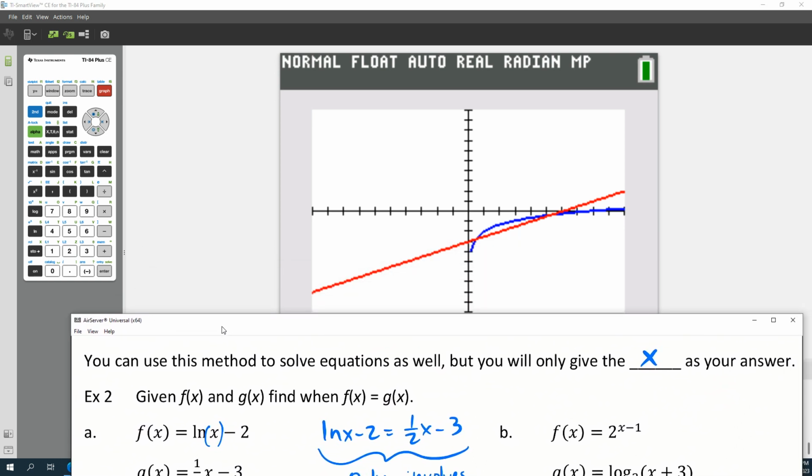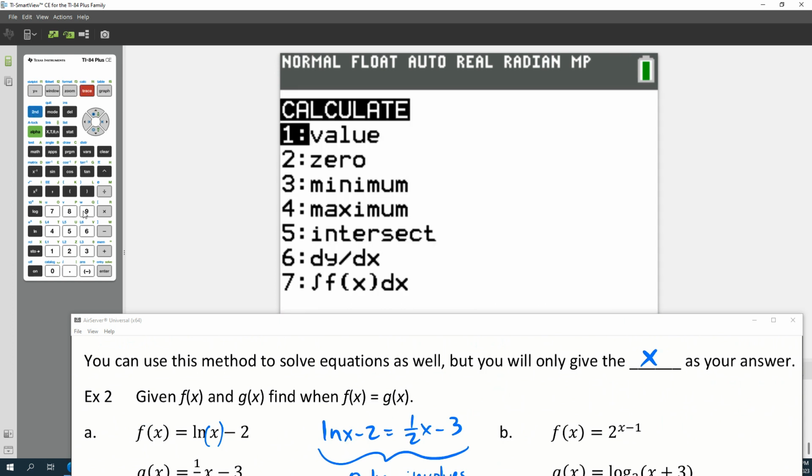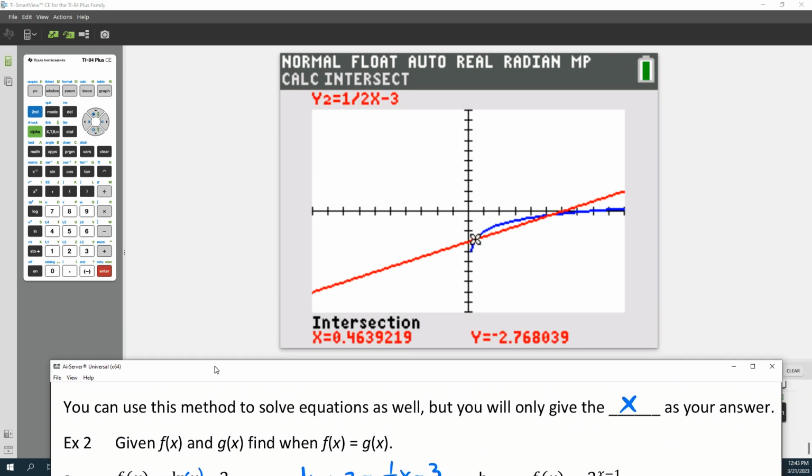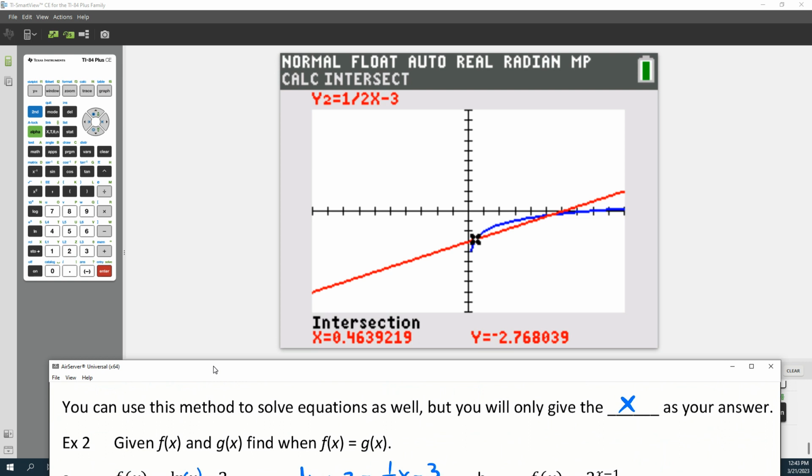Okay. So there are both of those graphs. And same thing, find where they cross. So second, trace 5. Enter, enter, enter. And again, we only want the x, so I'm just going to round to 3 decimal places.